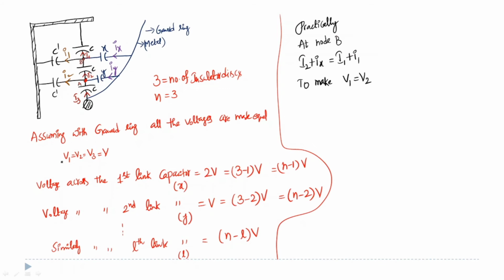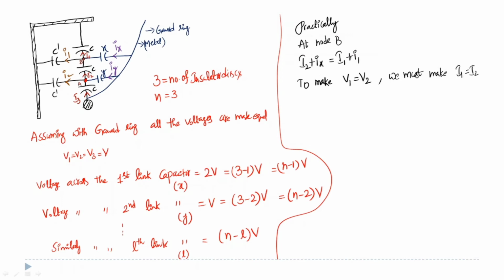That's why I have assumed this. In order to make V1 equal to V2, I1 must be equal to I2. Let me write it as a sentence so that you can understand better: to make V1 equal to V2, we must make I1 equal to I2.